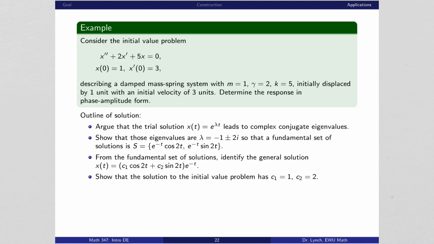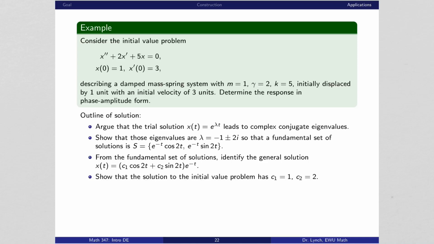The trial solution e to the lambda t leads to complex conjugate eigenvalues. Those eigenvalues turn out to be lambda equals -1 plus or minus 2i. Fundamental set of solutions given by the exponential times the cosine and the exponential times the sine. And from that fundamental set of solutions, we can identify the general solution as a linear combination of those two linearly independent solutions.